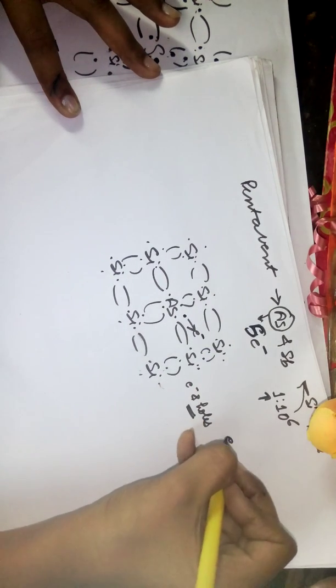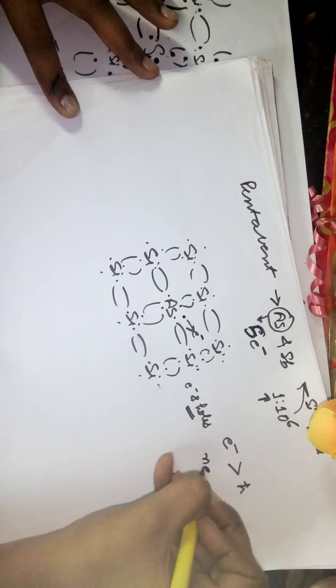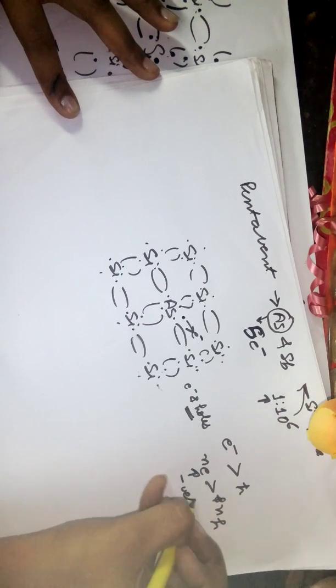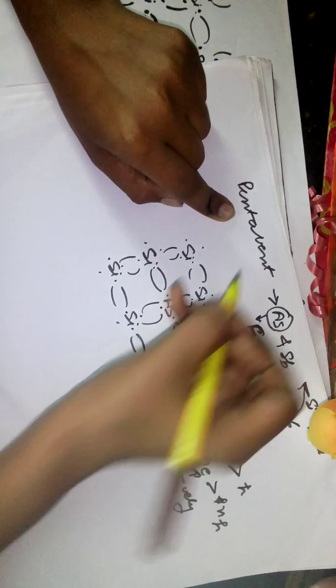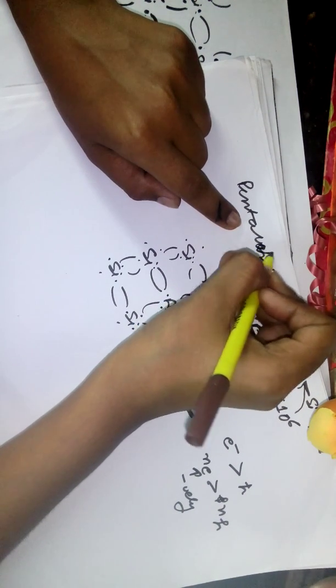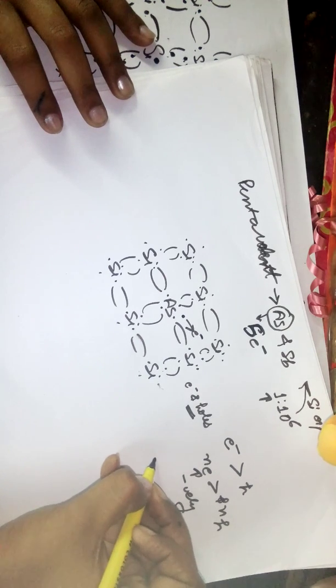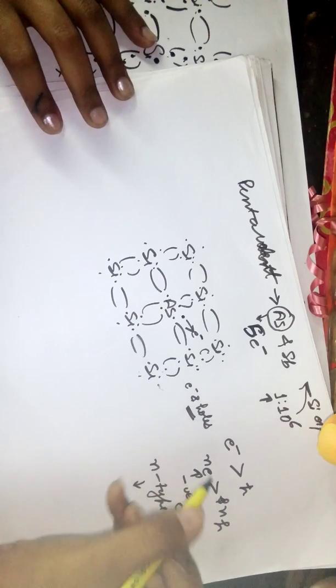Since the number of electrons is more than the number of holes, and the electron is negatively charged, this type of semiconductor which has pentavalent impurity is known as n-type semiconductor.